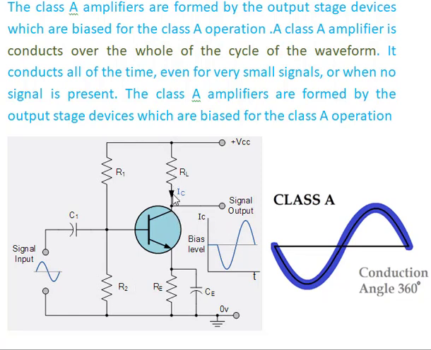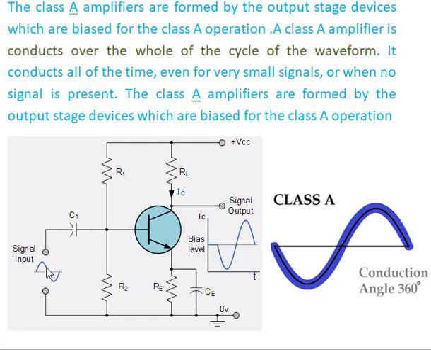The collector is biased using the load resistor RL. The current passing through this is the collector current IC. C1 is a blocking capacitor. It blocks the DC voltage from the external biasing voltage source and the input signal source.